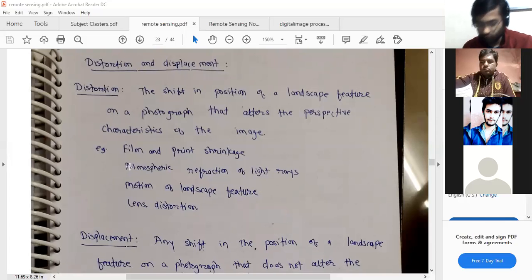Clear? Okay. Now we'll move towards some other features, other things in remote sensing. Okay, so next topic is distortion and displacement. Okay, let's say distortion and displacement.